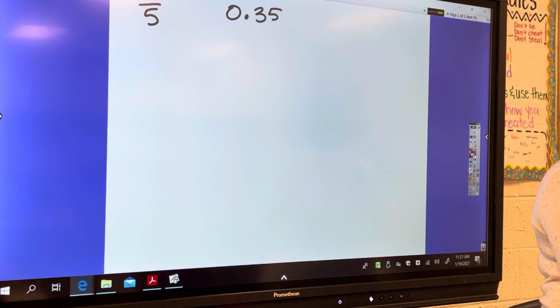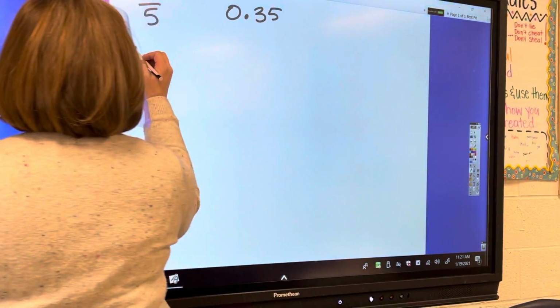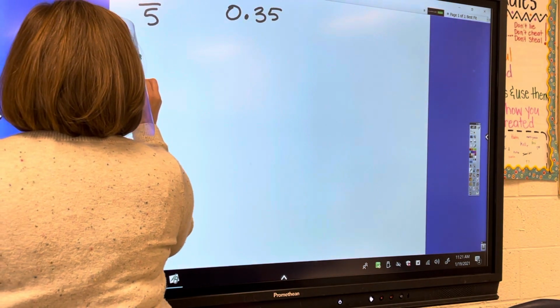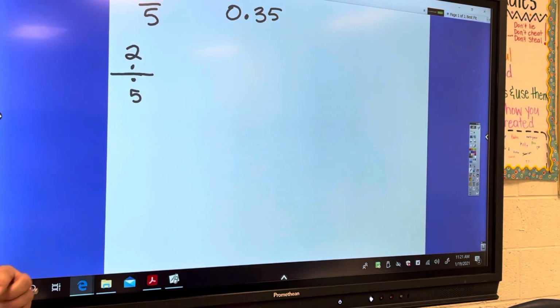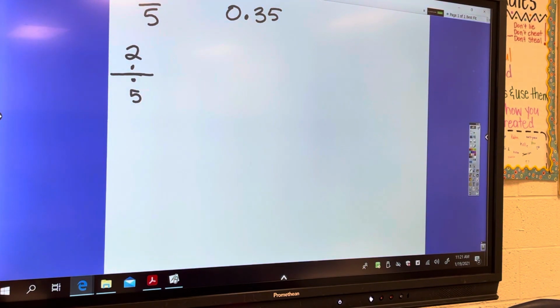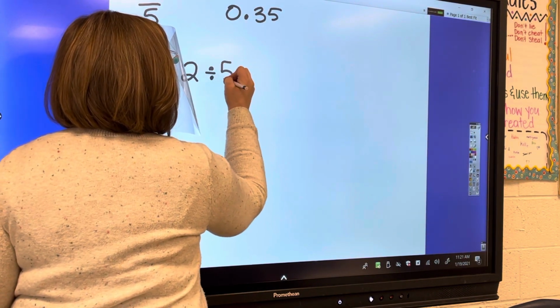Less than 1. Now, 2/5 can also be read as, you can take that fraction symbol and write it as a division sign. 2 divided by 5. Okay? 2 divided by 5.